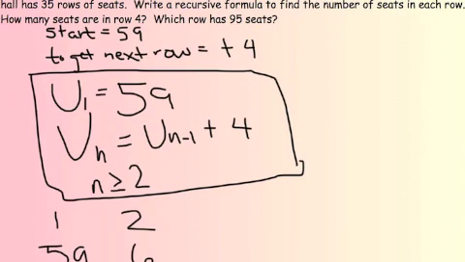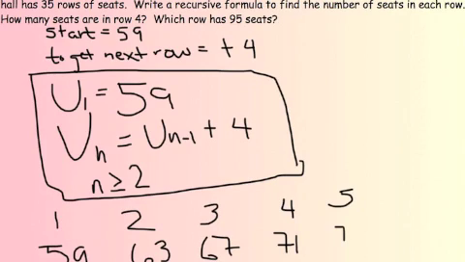In row 2, we have 63. In row 3, we have 67. So in row 4, we will have 71.